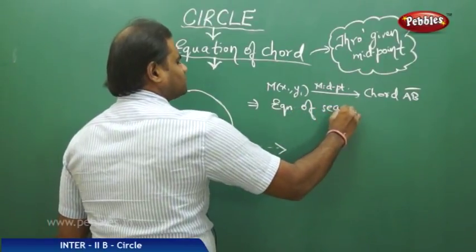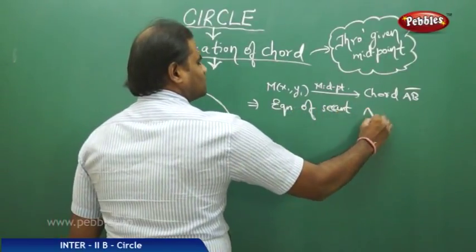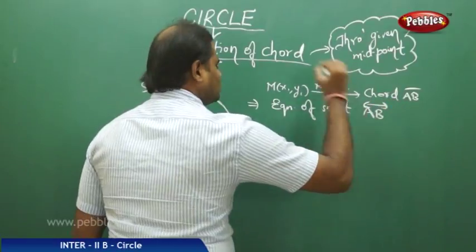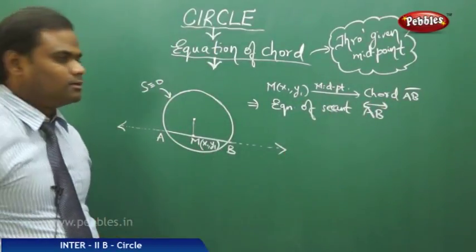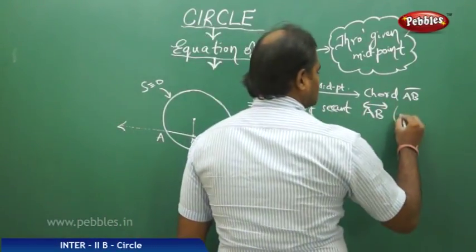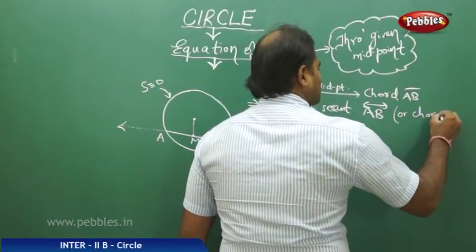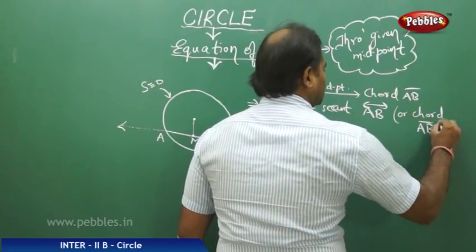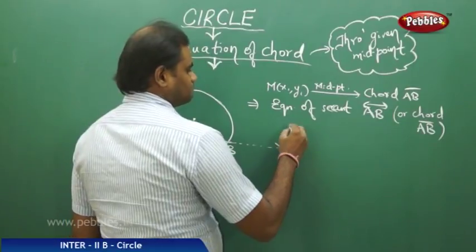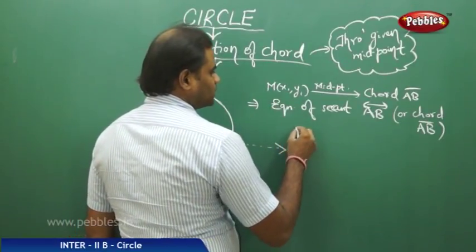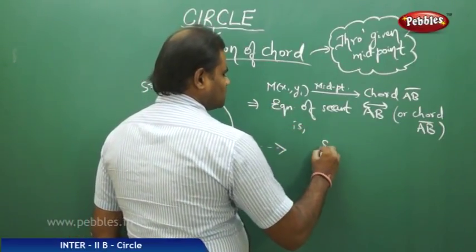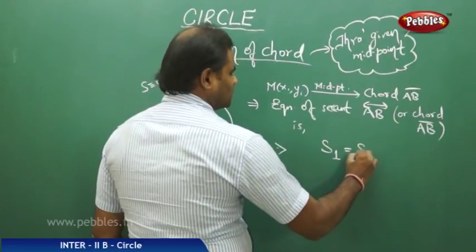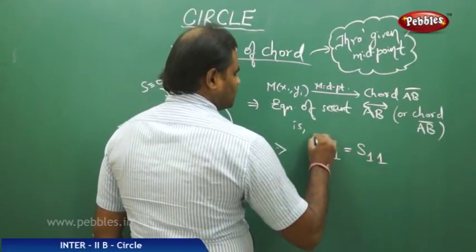The equation of the secant AB, or the chord AB, with respect to the midpoint is S1 equals S11.